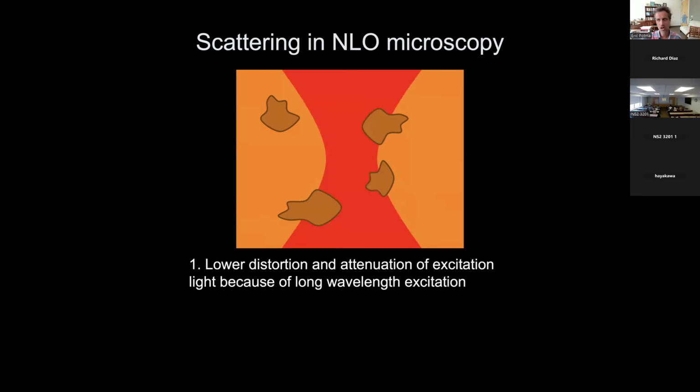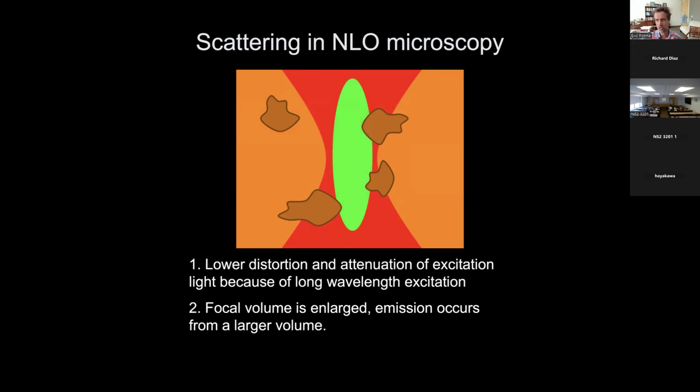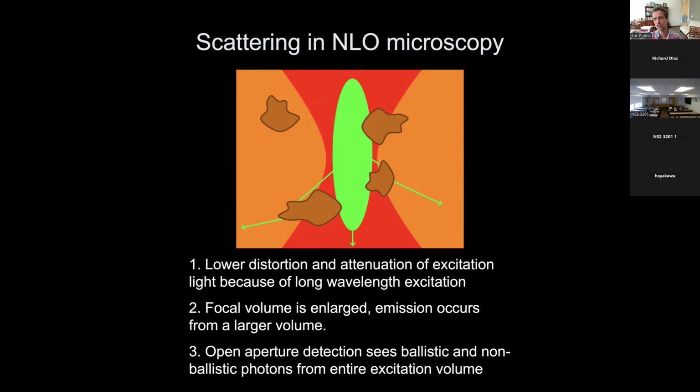So if you do nonlinear optical microscopy, the same thing happens on the excitation side, okay? Your focus is still distorted. But the nice thing about nonlinear optical microscopy is that you don't need this confocal pinhole. So even though the photons that come out may still be coming out of your sample diffusively, they don't have to go through a pinhole afterward.